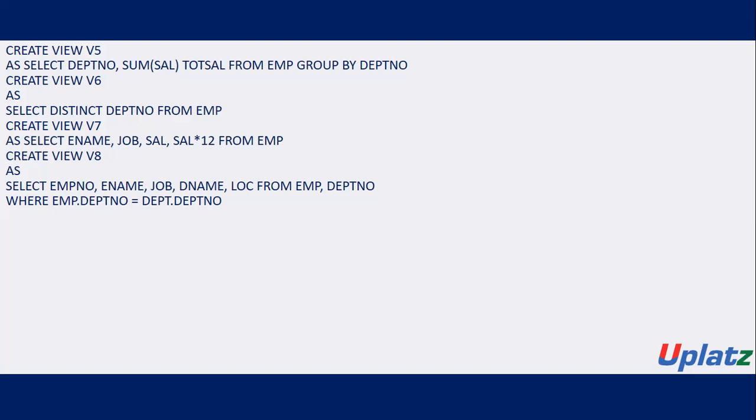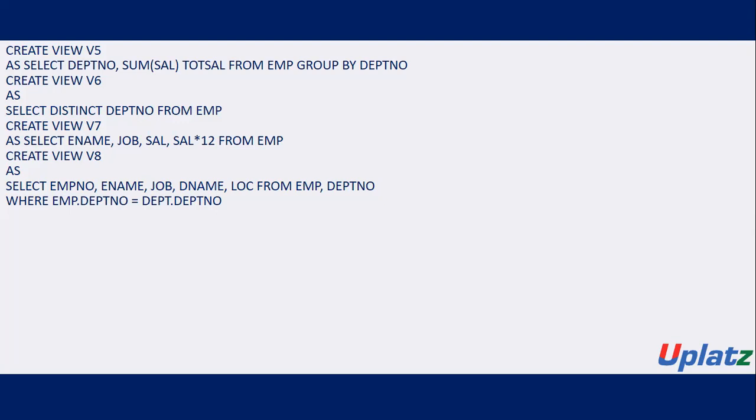So the view V8 contains a join. Once we execute the view V8, it shows the columns from both the employee table and the department table, and then it shows the result.